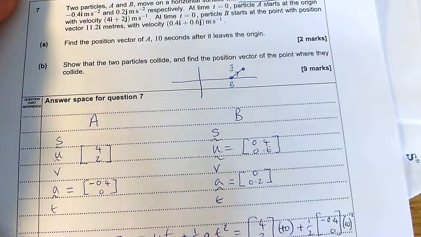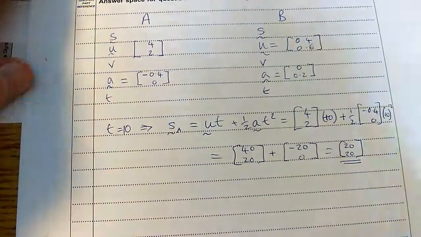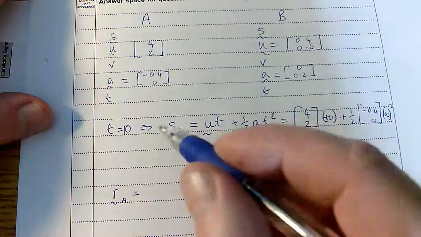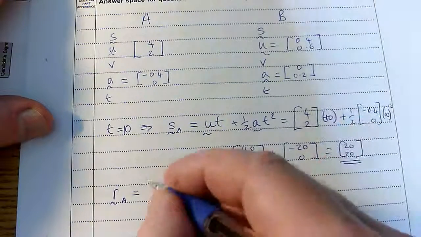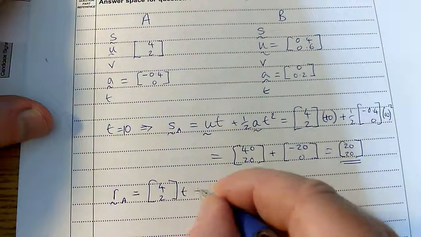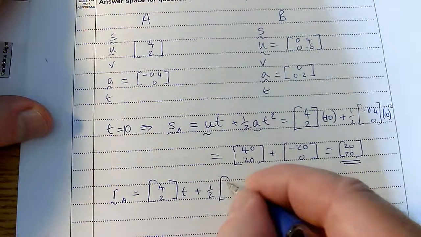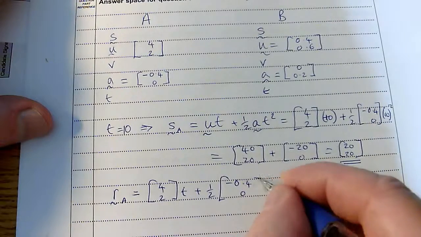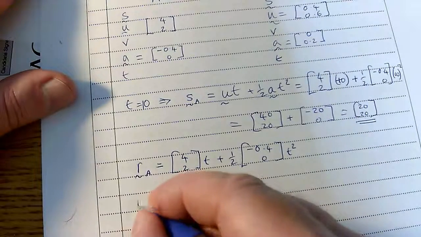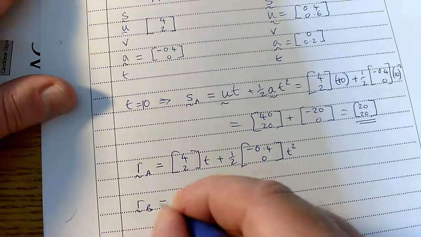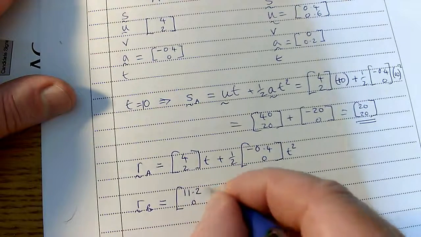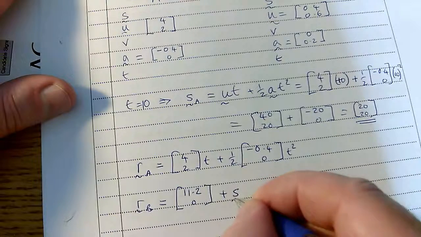So I'm going to use R for position vectors. RA: A starts from the origin, so it's basically what I did before, 4, 2 times T, I don't know what T is now, plus a half times the acceleration, minus 0.4, 0 times T squared. So that's my position vector of A. My position vector of B is going to be its initial position, 11.2, 0, plus SB.